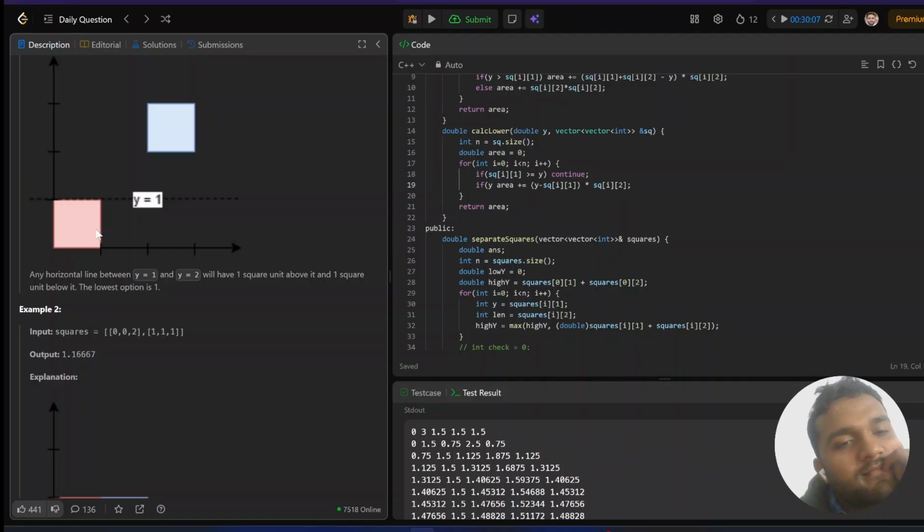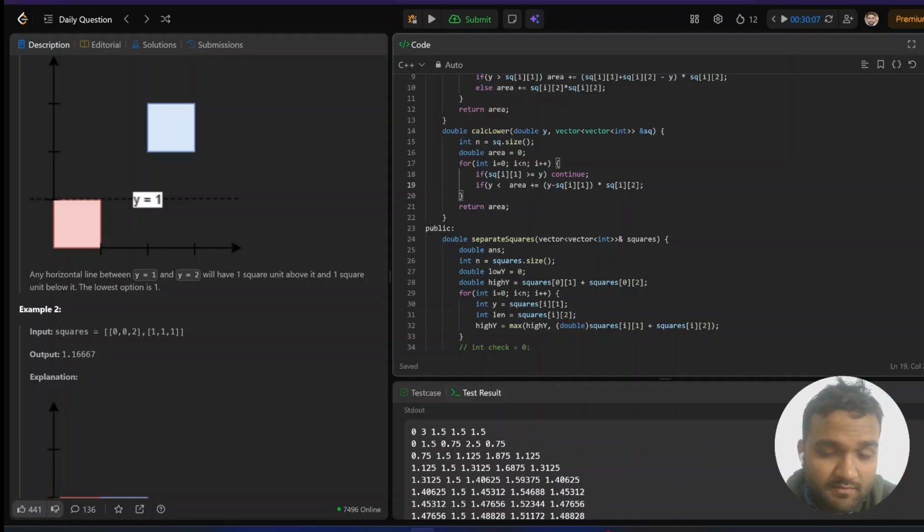Okay. If I'm here, I will not consider you. If y is less than my I1 plus I2, then only this is valid.